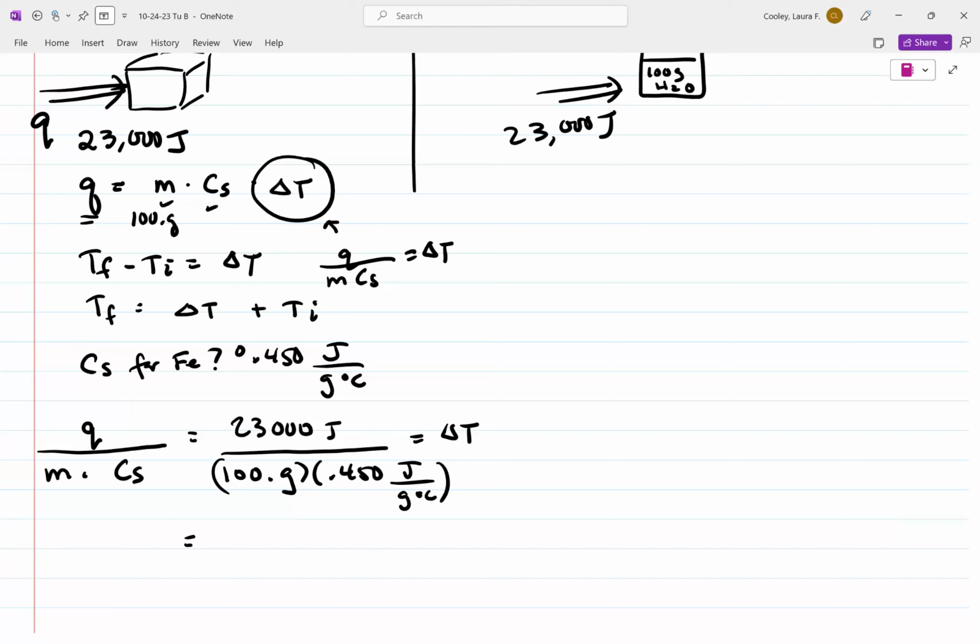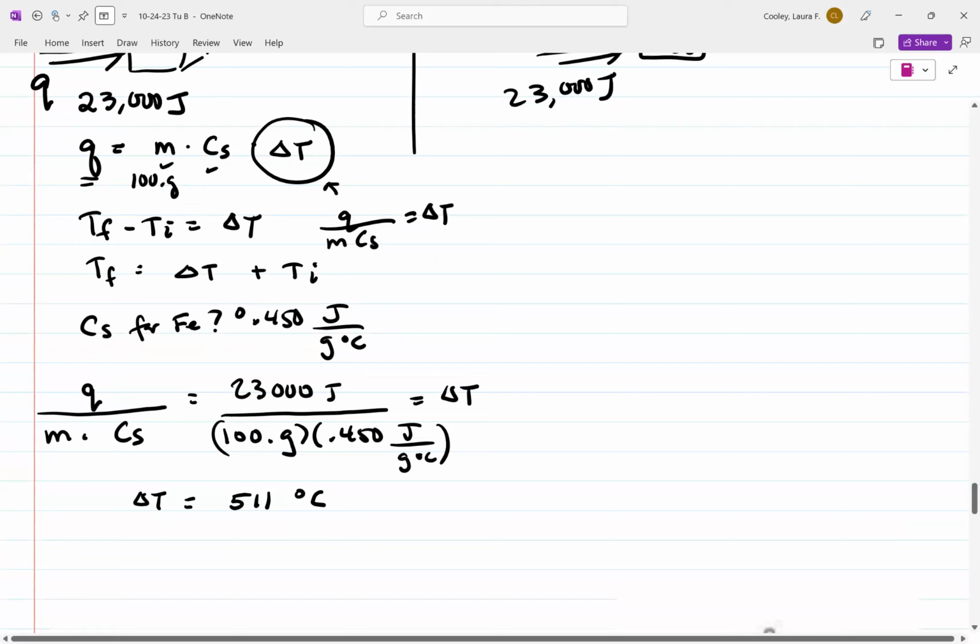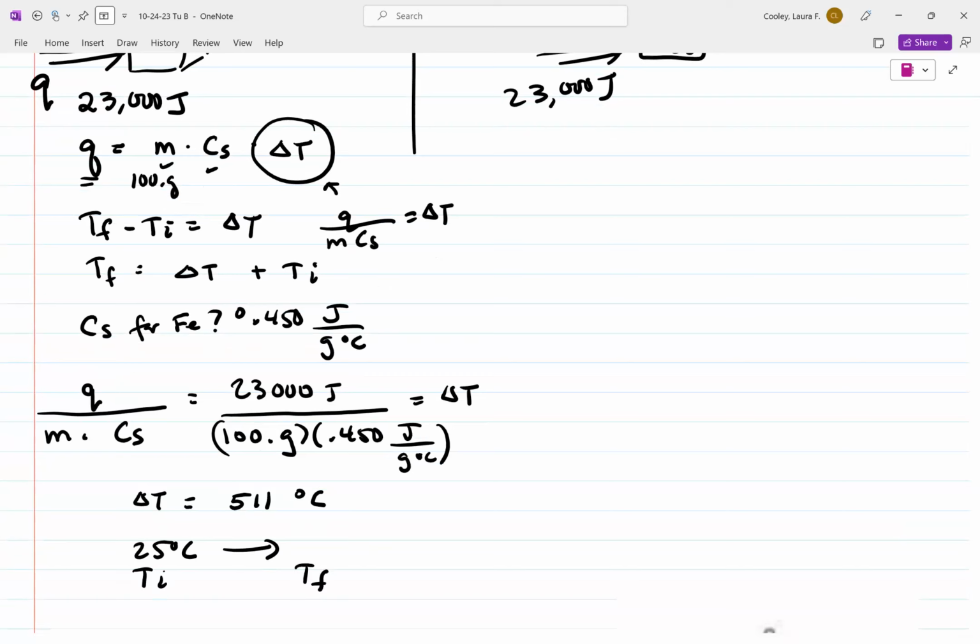This comes out to a whopping 511 degrees C. If I started at 25 degrees C and the change is 511, what's my final temperature going to be? I have to add these. That's why you don't want to touch it.